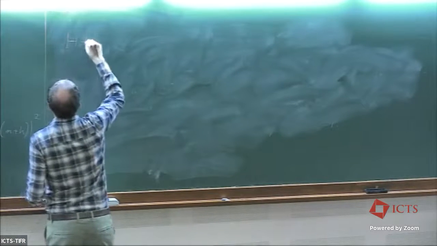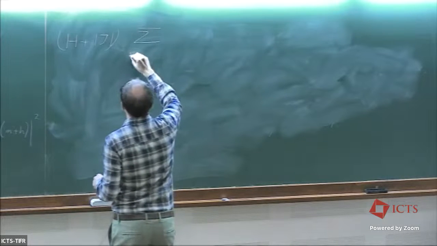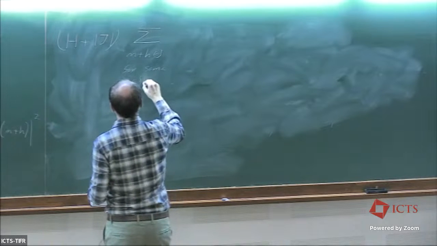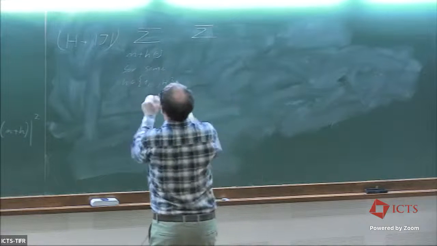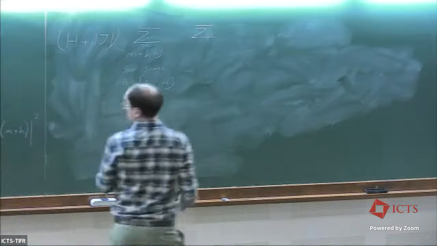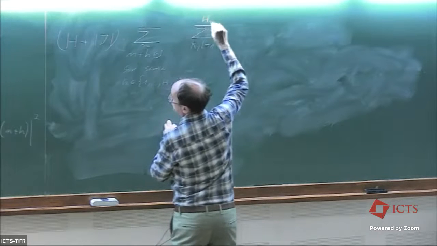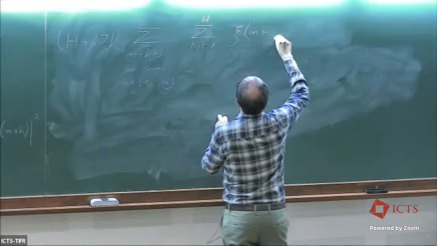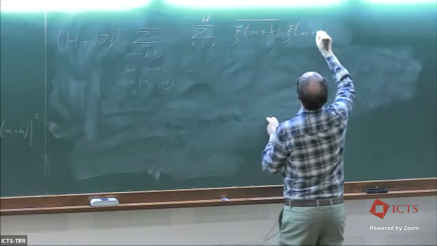So you get H plus interval length times the sum over n of the sum over k, l from 1 to H of psi(n+k) times psi(n+l) bar.